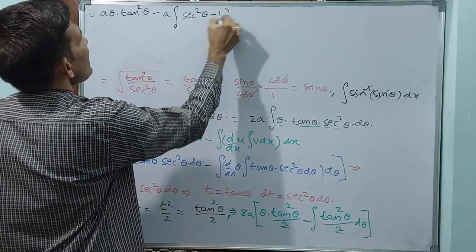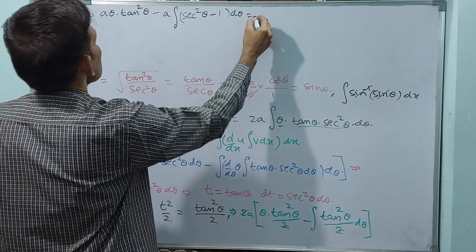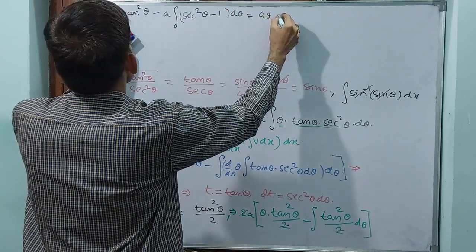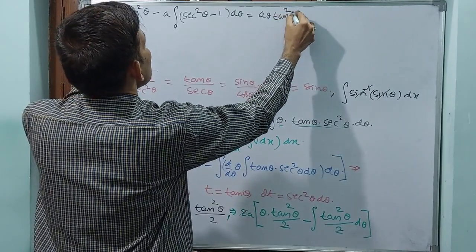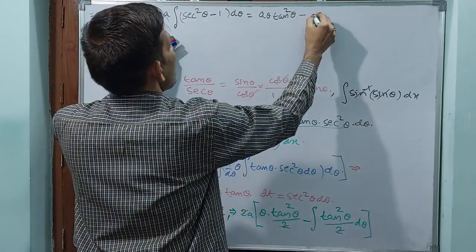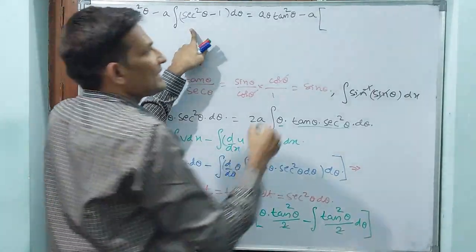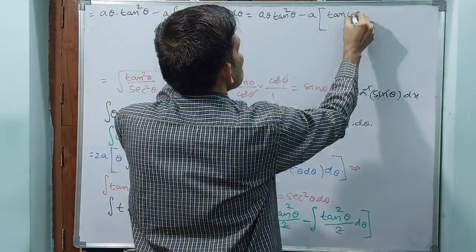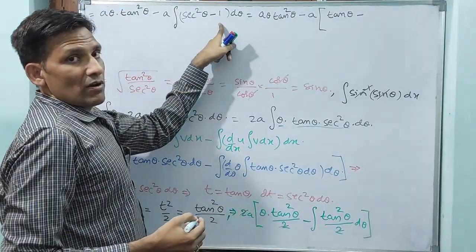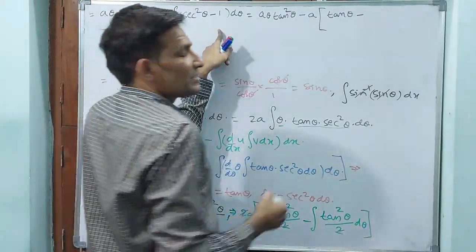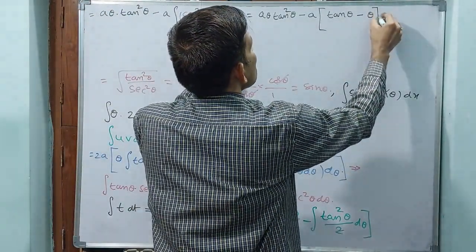Secant square theta minus 1 into d theta, that is equal to a theta tan square theta, minus a times integral secant square theta d theta, which gives tan theta, minus integral 1 d theta, means theta, plus c.